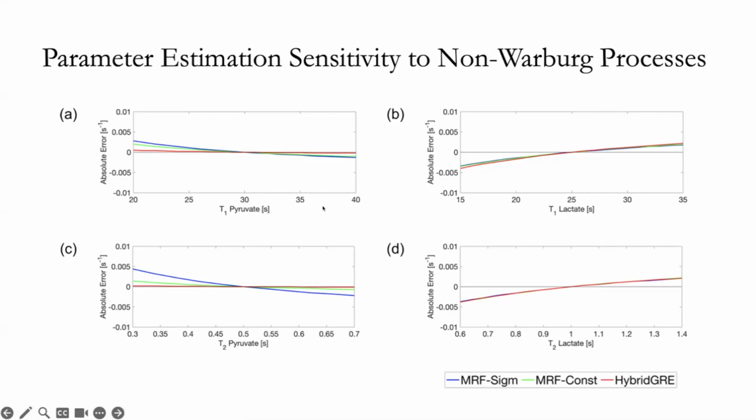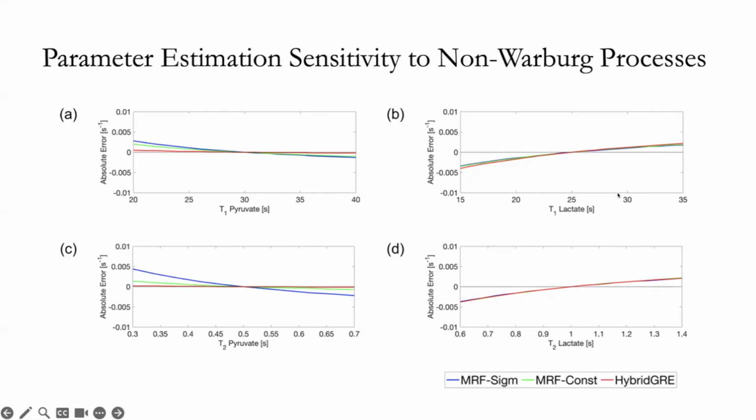So for T1 of pyruvate, we can see that the sigmoid approach is actually the most susceptible to an error in this T1 assumption. They are all kind of comparable in this T1 of lactate. We have probably most error with our sigmoid-based approach with T2 of pyruvate, and they're all kind of uniform with T2 of lactate.